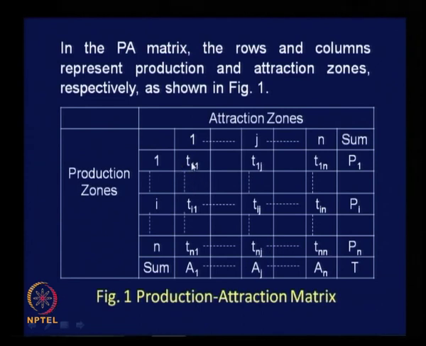This is produced in 1, attracted to 1, here it will be produced in 2, attracted to 1, produced in 3, attracted to 1, right. All these are trips attracted to 1. The last value is produced in n, attracted to 1. So that is how the column total should give you the total trip attraction in a particular traffic zone, right. So this presentation of the trip attraction distribution data in matrix form is very helpful.